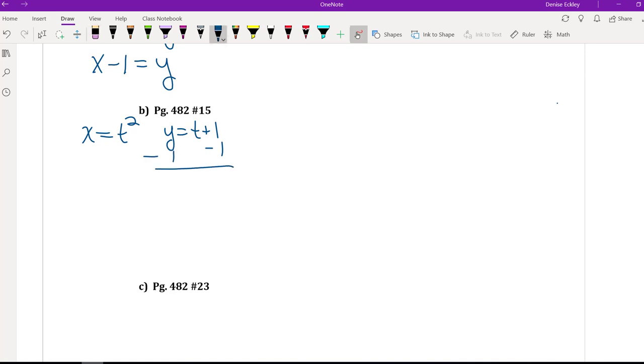So I get y minus 1 equals t, and then I'll substitute the y minus 1 in for t. So x is going to equal y minus 1 squared, and honestly, just leave it that way. It's a bear to get by itself.